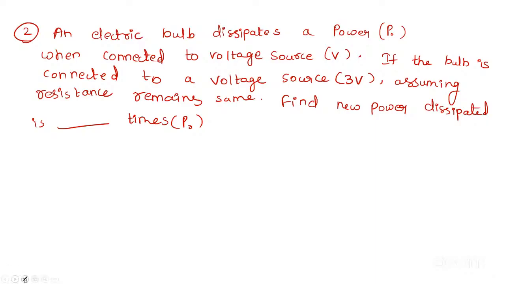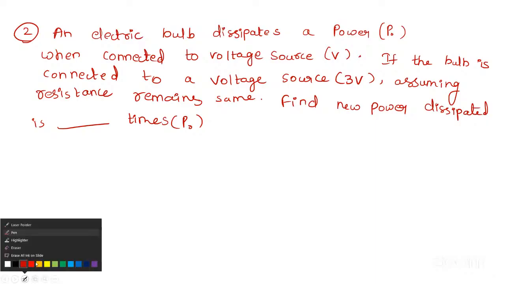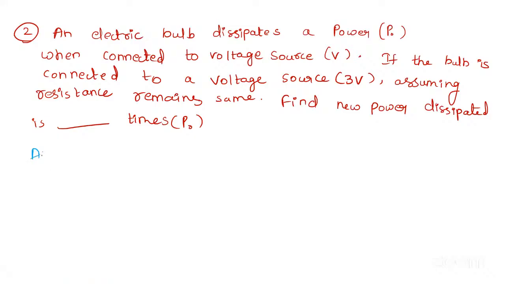Ma'am, 9 times. 9 times, yeah. Correct. Good. So how did you do it? Ma'am, power is equal to V square by R. R is constant, so you can equate it. So power is directly proportional to V square, right?